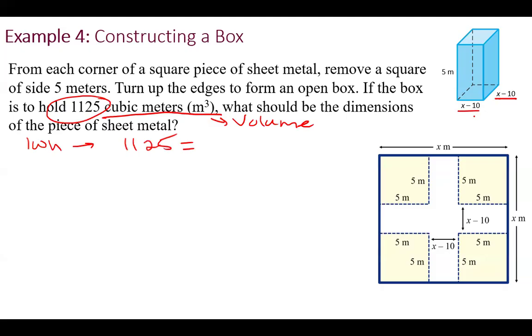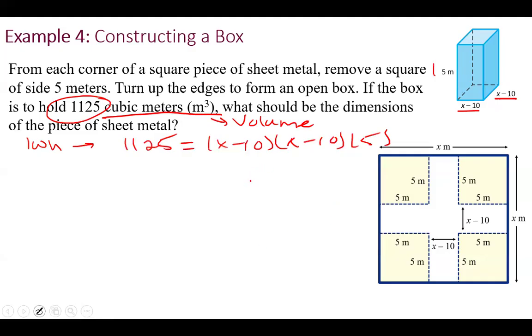Your width here is x minus 10, and your height is 5. So we have x minus 10 times x minus 10 times 5. Okay, it says, what should the dimensions of the sheet of metal be?